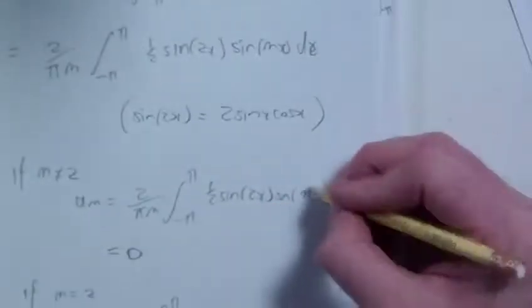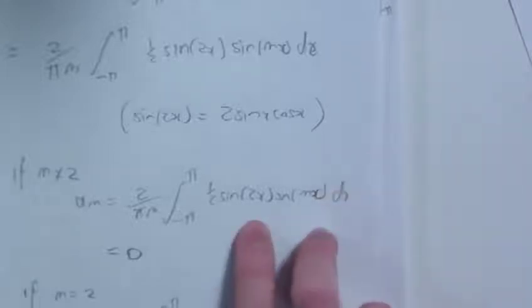A very important thing, which is what all this stuff hinges upon, is this: when you have a combination of multiplication of two sine of something x's, if they have different coefficients, then the answer will come out to 0 when you integrate it. Is it the same for cos? Same for cos. If you have a cos and a cos, they'll come out to 0 if they're different ones.